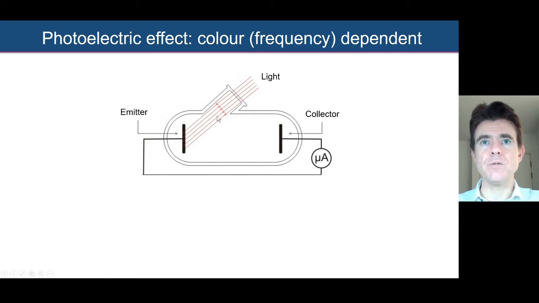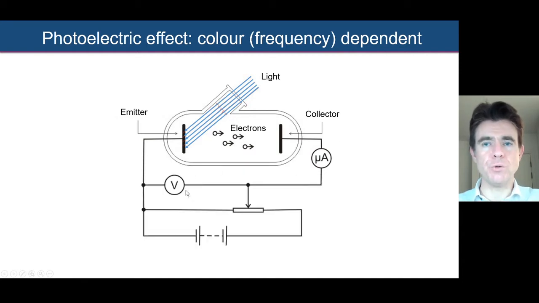And here I'm showing the case of red light, and for this particular material, we have nothing happening at all. And so the first observation is that this photoelectric effect depends on the color or the frequency of the light. So if we now shine blue light, for example, towards the ultraviolet end of the visible spectrum, the blue end, then we get electrons now being emitted from this surface, and some of them will make their way towards the collector.